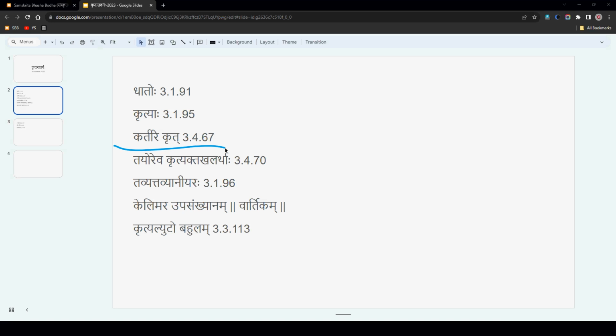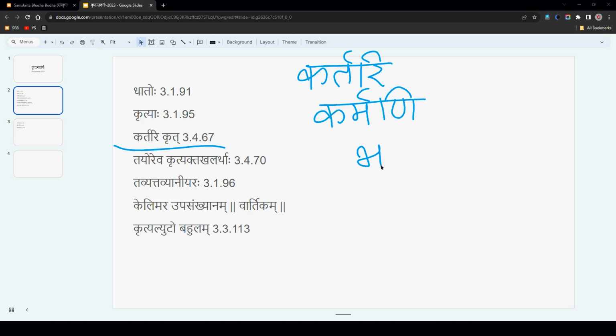These are the Prayogas: Kartari Prayoga, Karmani Prayoga, Bhave Prayoga.